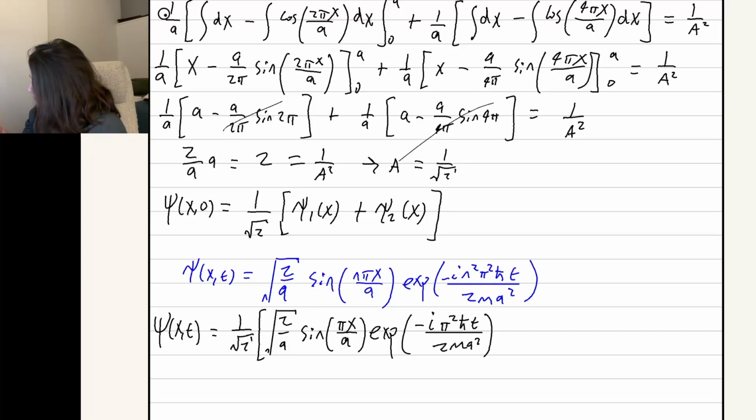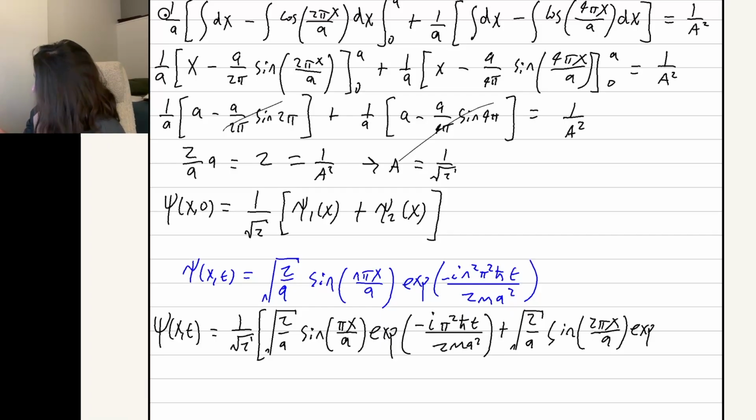and then plus root 2 over a sine of 2 pi x over a. Not even 4 pi x, it's just 2 pi x. But then this is going to be e to the, now I'm running out of room.